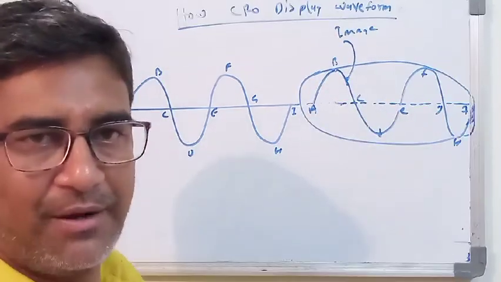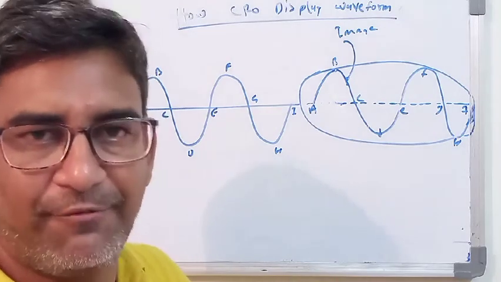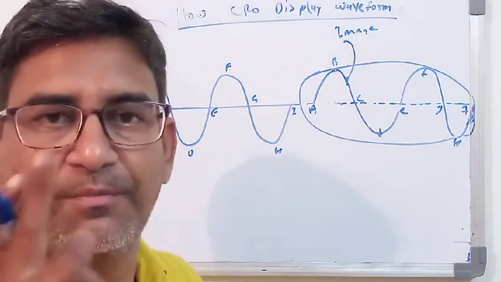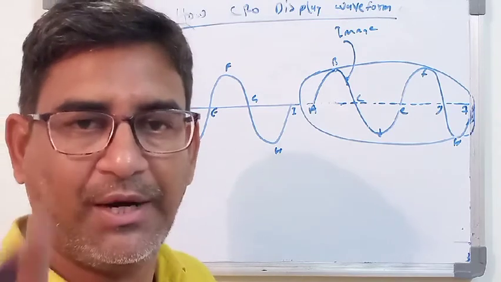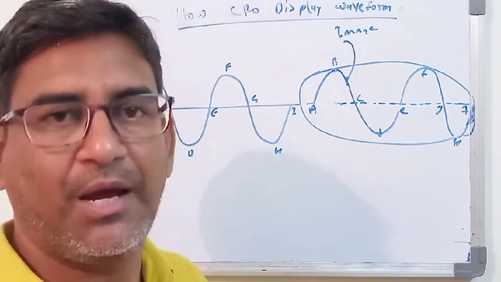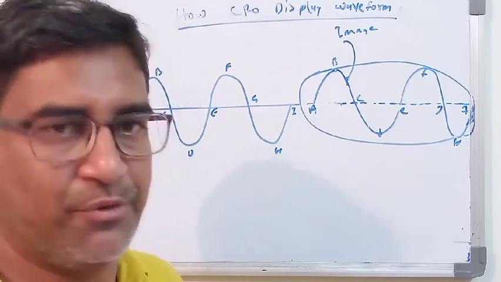Due to the influence of the second force, the electron beam moves vertically according to the magnitude and the polarity of the input signal.